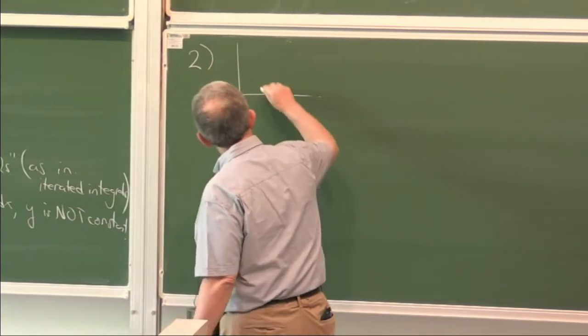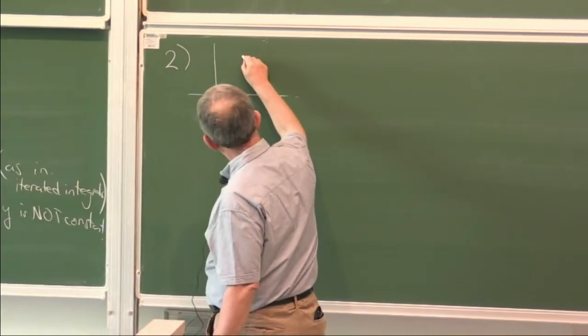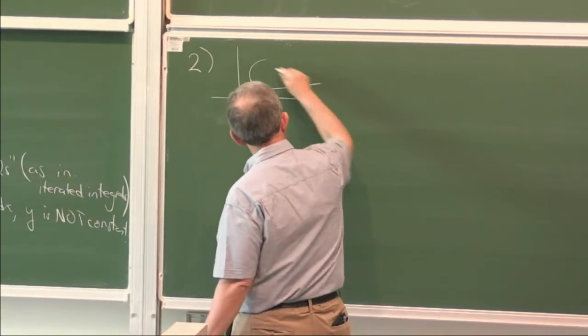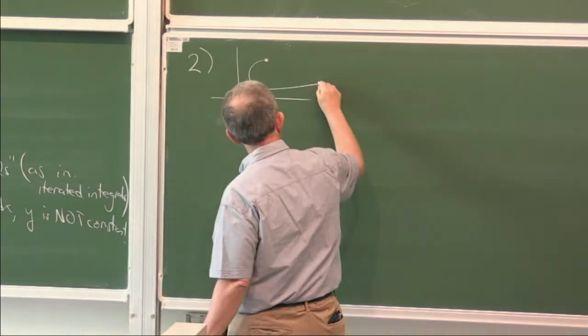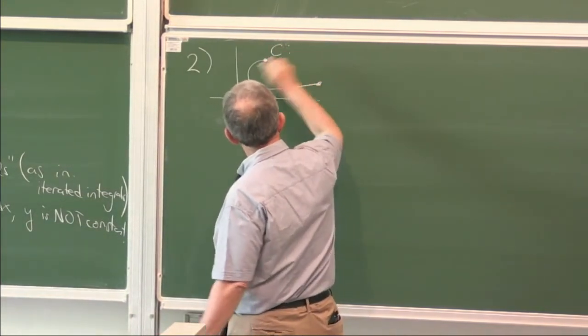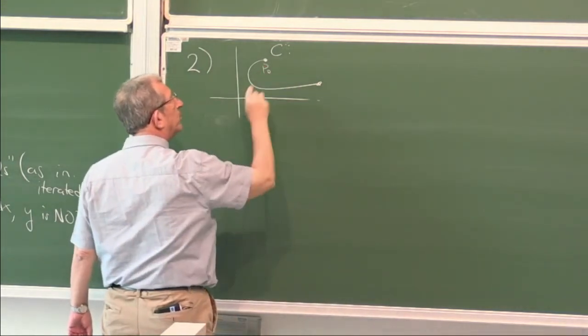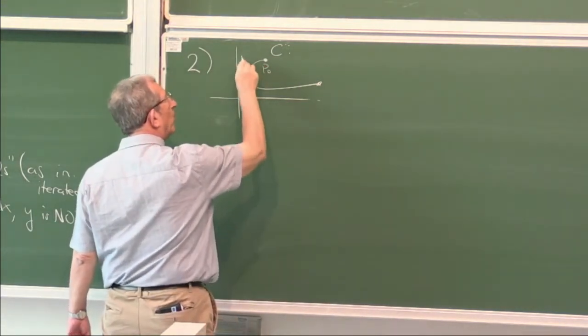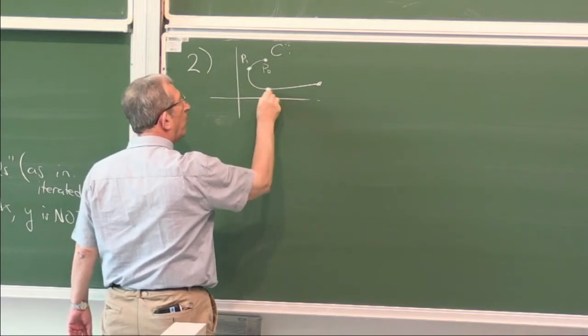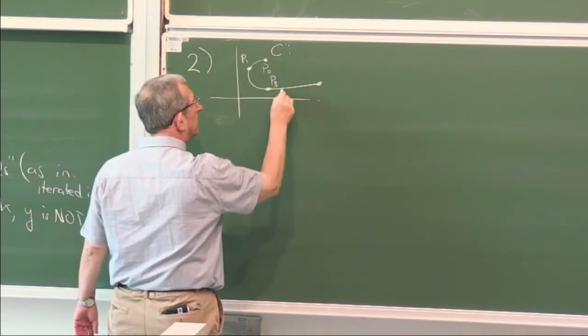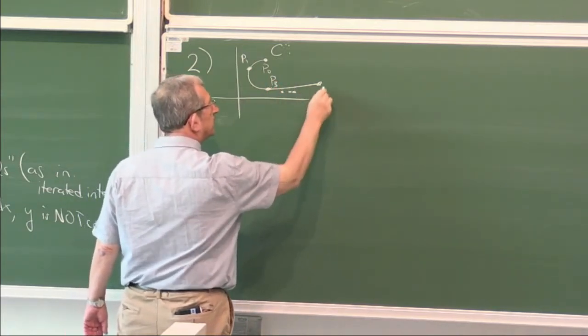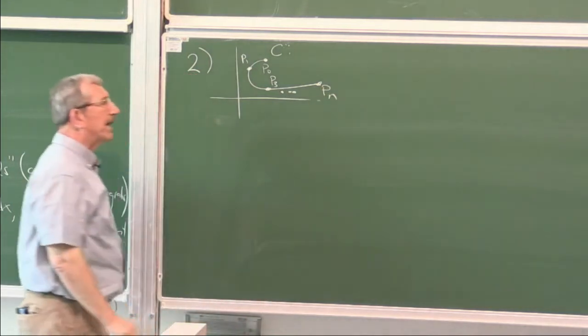Suppose I have a curve like this. Say this is the curve C. So I partition it. This is the point P0. This is the point P1. This is the point, say, P3. And I have such a partition. The last one is Pn.